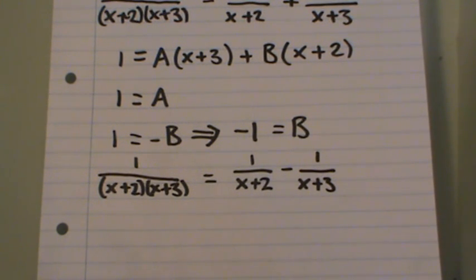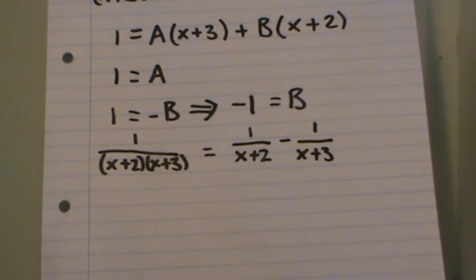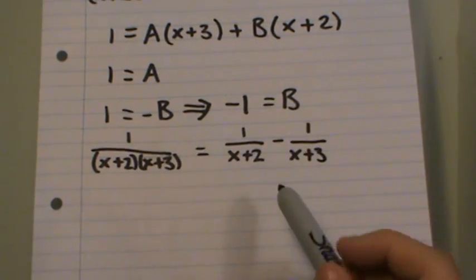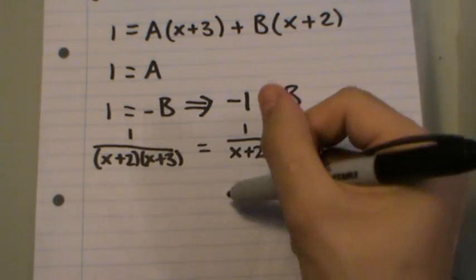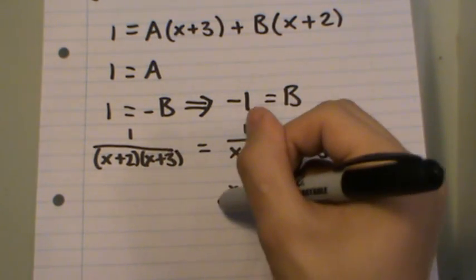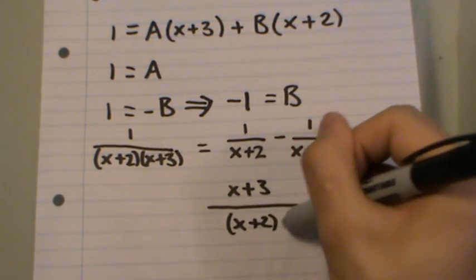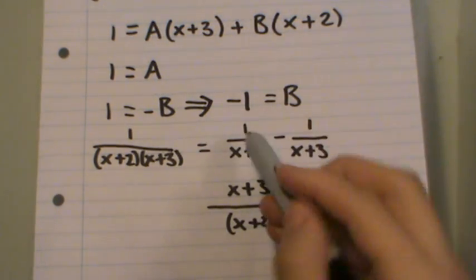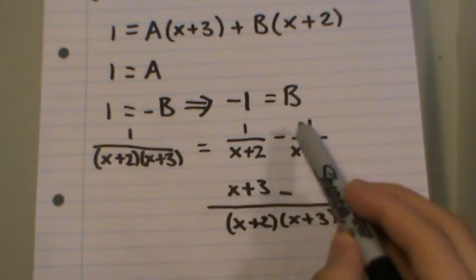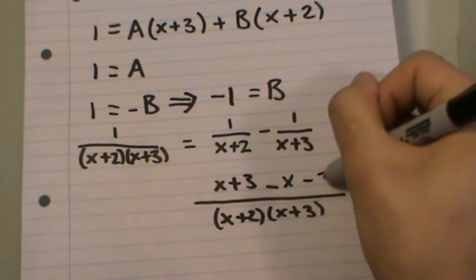We've actually completed what we wanted. Now, you don't always have to check, but if you really want to check that this is true, we can go ahead and add these algebraic fractions. So getting common denominators, we get (x + 3) all over (x + 2)(x + 3), minus, and remember we're multiplying by (x + 2) here, so it's going to be minus x minus 2.